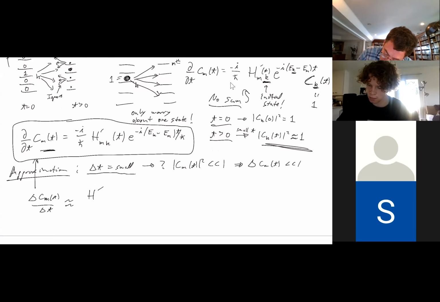h prime mk over h bar, just looking at it with a simple dimensional analysis.